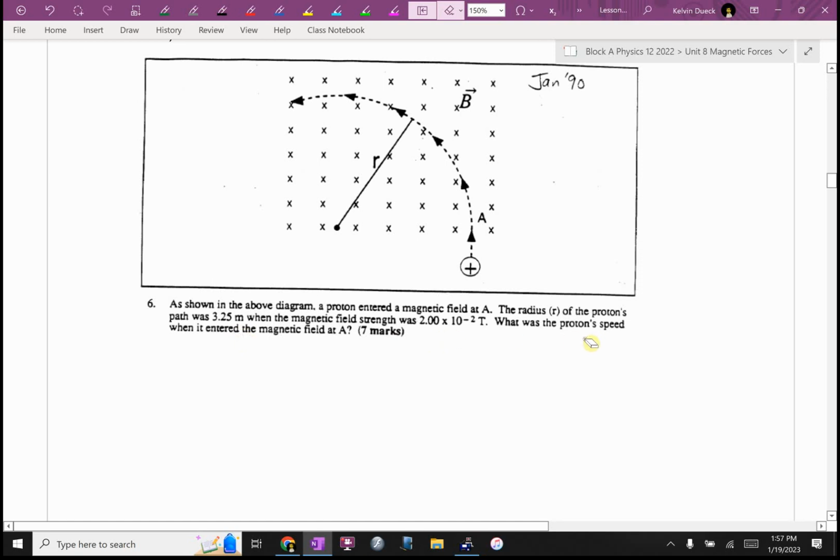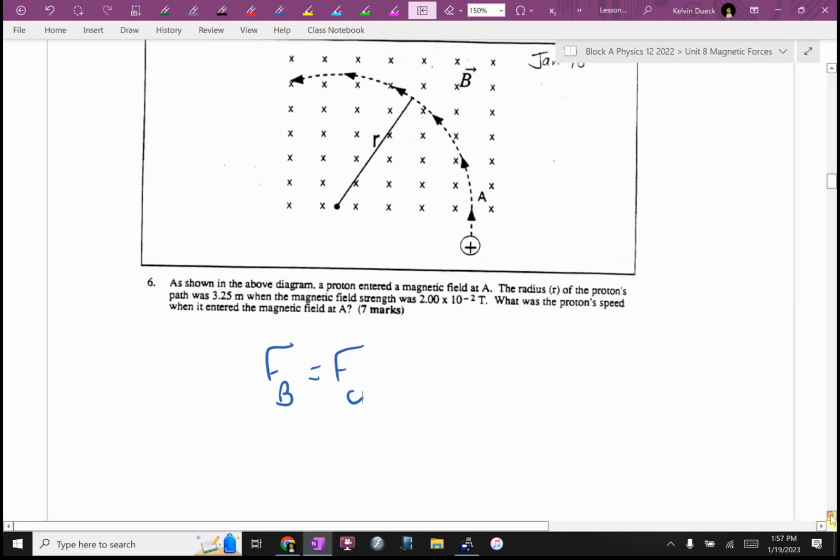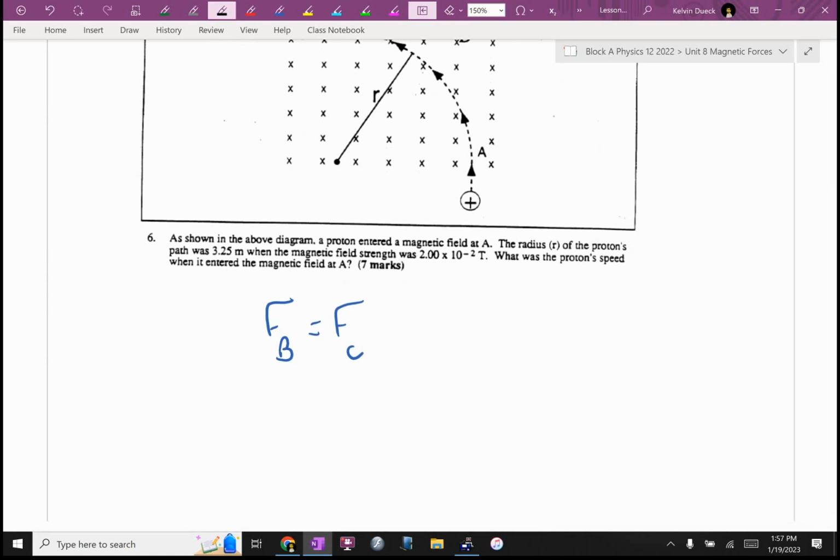Zaina, what does this question want me to find? For all of these, is there a circle? Yes. Magnetic force is what's pushing me into a circle. We start with that, and we'll get whatever we need by itself. Magnetic force, QVB, equals mv squared over r.